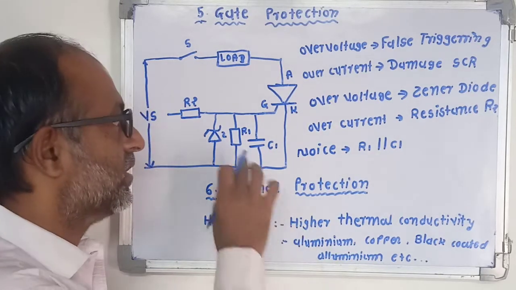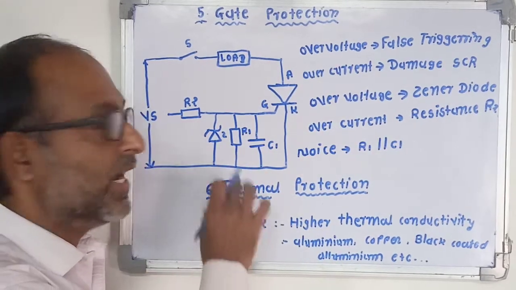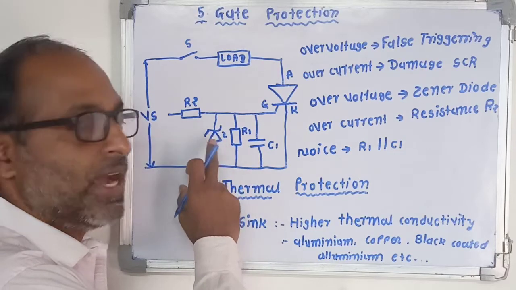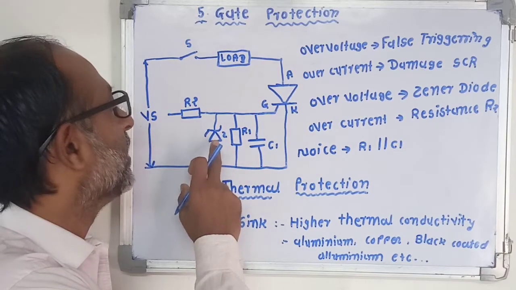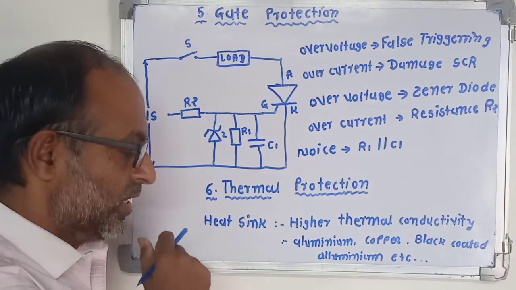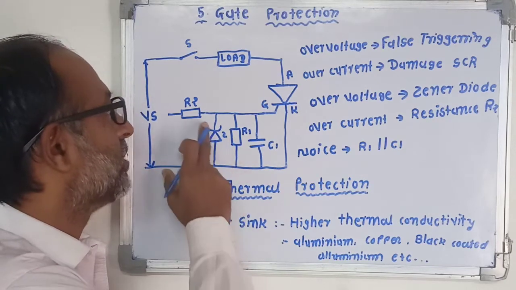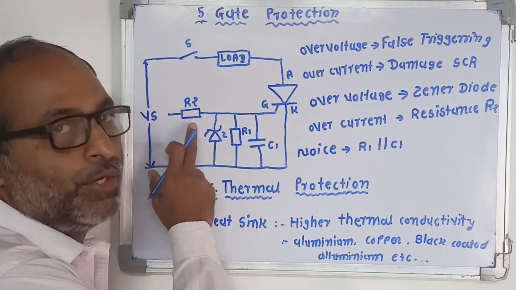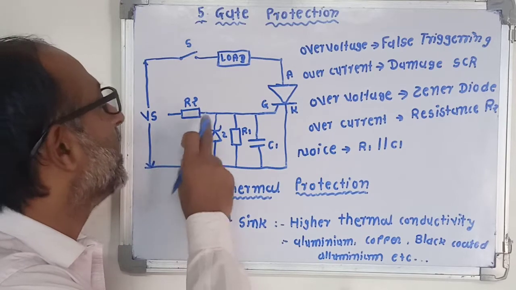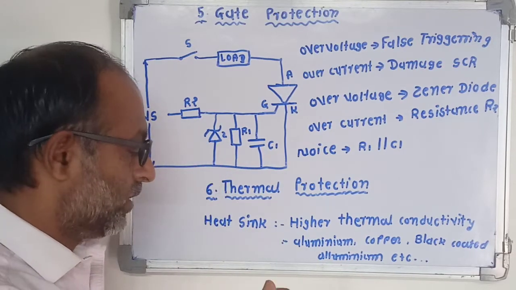Protection against overvoltage is achieved by using a Zener diode, which is connected in parallel with the gate circuit, and the resistance R2 can be used to protect the gate circuit from overcurrent.